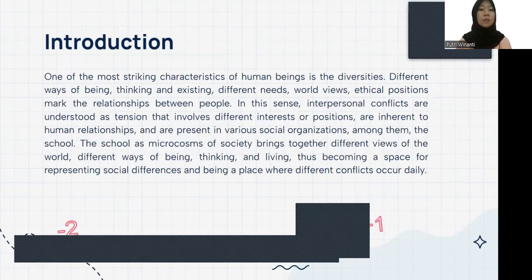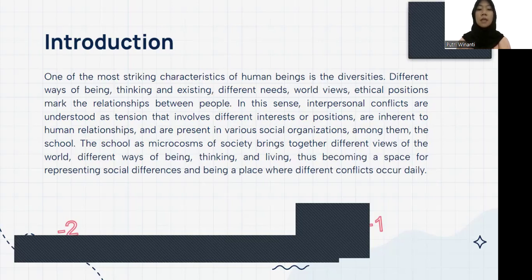Introduction. One of the most striking characteristics of human beings is diversity: different ways of being, thinking, and existing, different needs, worldviews, and ethical positions mark the relationship between people. In a sense, interpersonal conflicts are understood as tension that involves different interests or positions, are inherent to human relationships, and are present in various social organizations, among them the school.